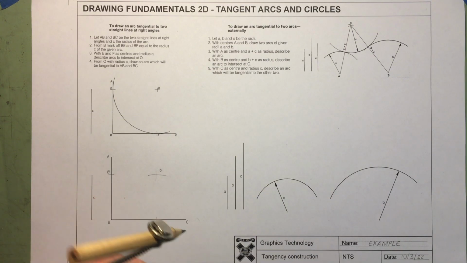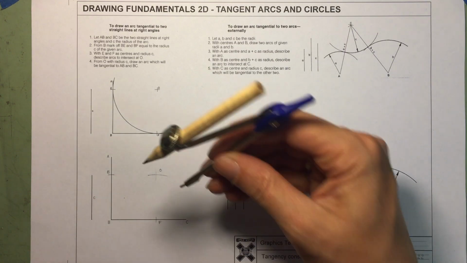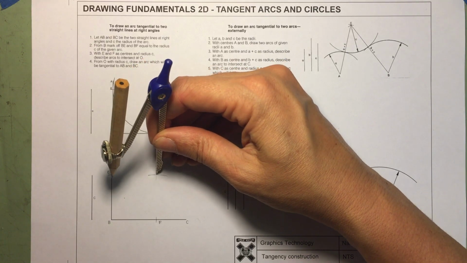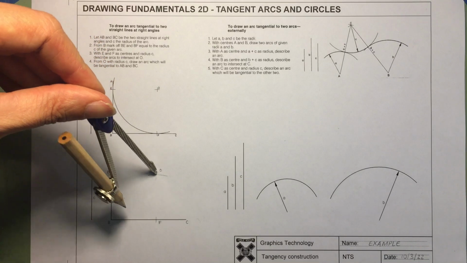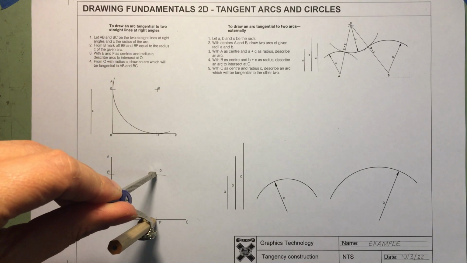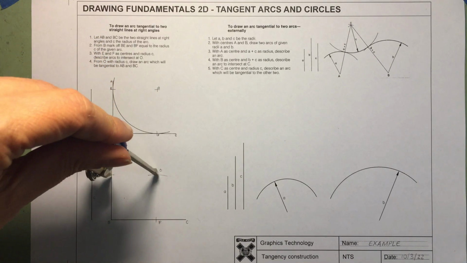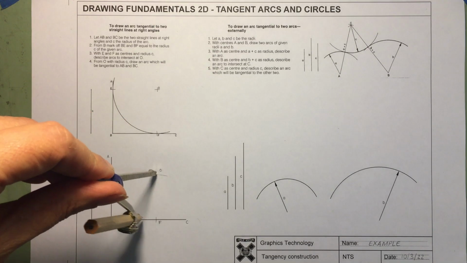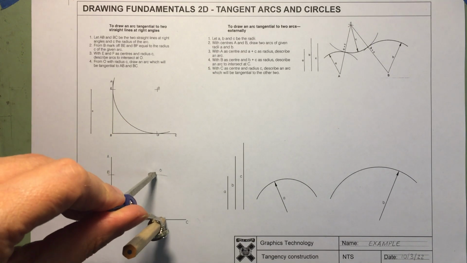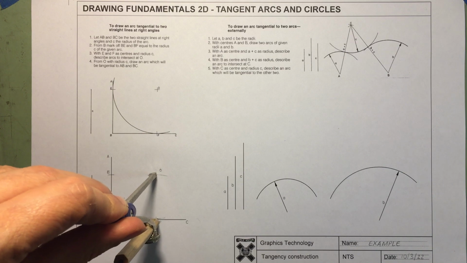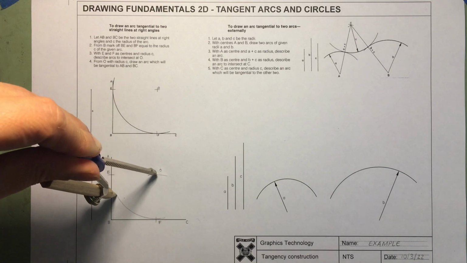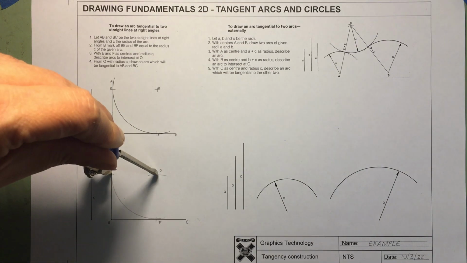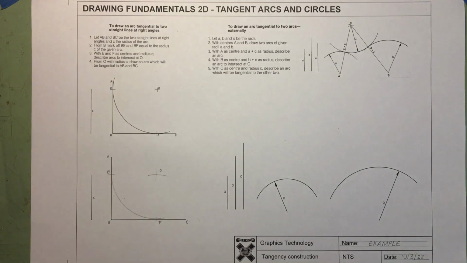Now keeping that same radius the whole time, setting our compass on that new center point O, we're going to draw an arc that touches and is tangent to those two points. So we're going to just draw that arc, making sure it's a nice sharp singular line.